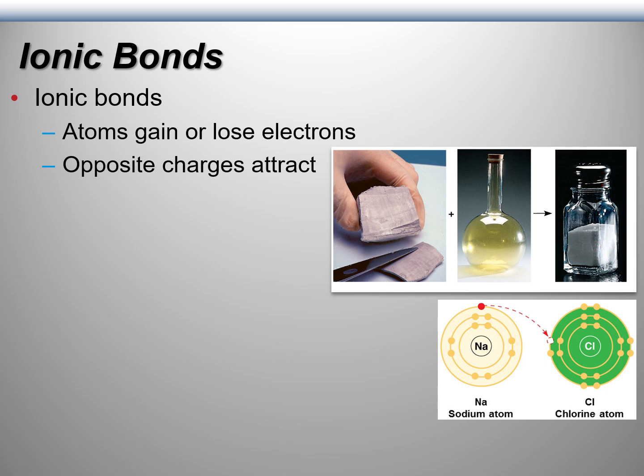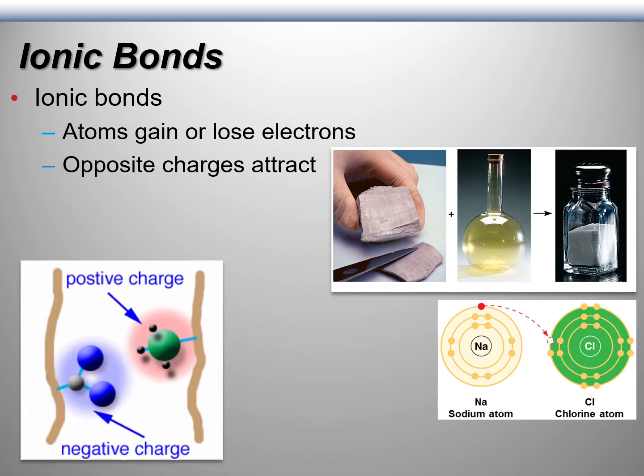That's an ionic bond because these two ions are attracted to each other by virtue of their charge, based on the ratio of electrons and protons. Opposite charges attract, identical charges push apart. We'll get to that especially when we get into resting membrane potential.